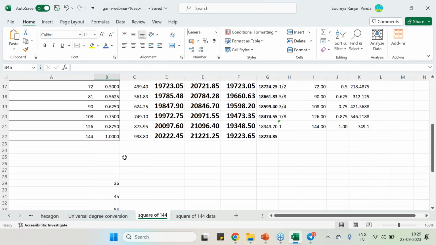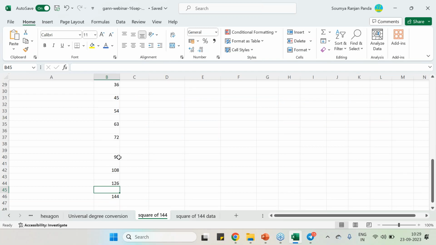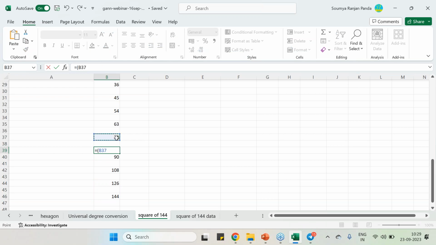Here we have two choices: either take the mid of this, or the mid of this. I can take the mid of 72 and 90, or of 90 and 108, or of 108 and 126, or even of 126 and 144. But what I am choosing here is 72 and 90, because the square of 9 also has 9 into 9.